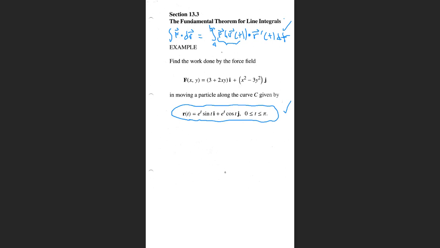So let's see if the force field, this force field here, I mean, it may be possible, but let's see if the force field is conservative. Let's see if we can work this problem out that way.